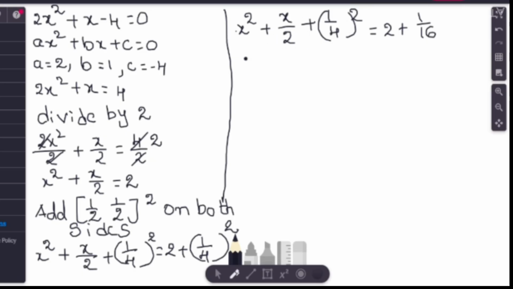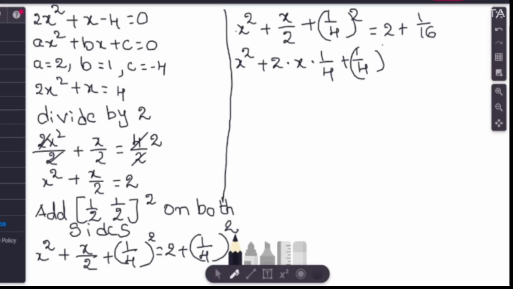This middle term write in the form of 2ab. X square plus 2 into a, x, b is 1 by 4. This dot means multiplication. The relation between them is multiplication. 2 divides 4 2 times. After cancellation we will get x by 2. Just we are writing this in 2ab form to get the identity.